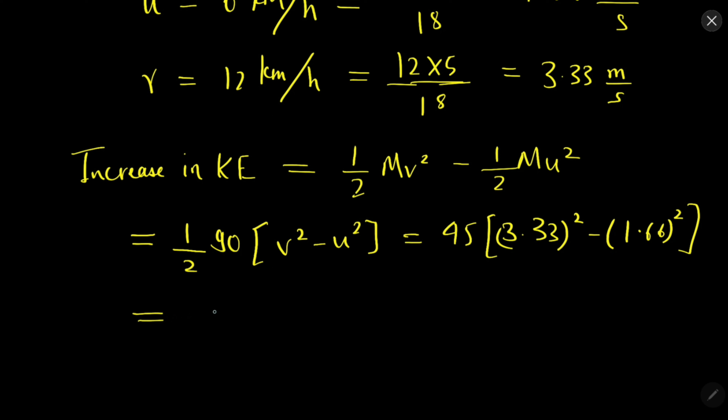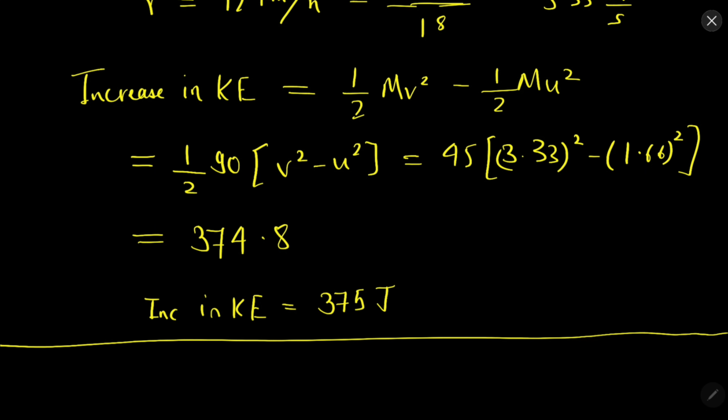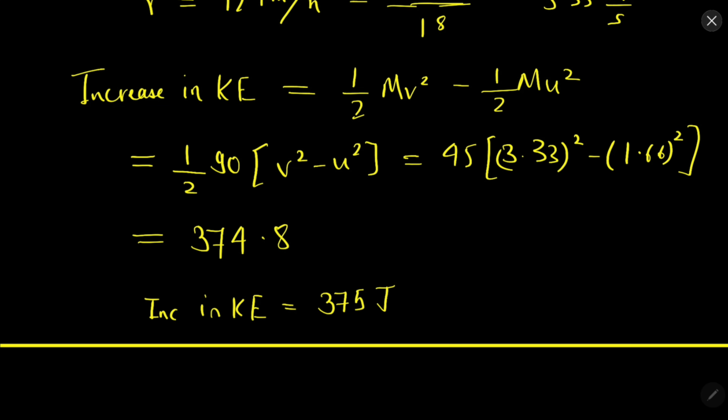After you solve this, you will find that it is approximately equal to 374.8, or approximately you can say that the increase in kinetic energy is approximately 375 joules. So this is the increase in the kinetic energy when the velocity increases from 6 to 12.